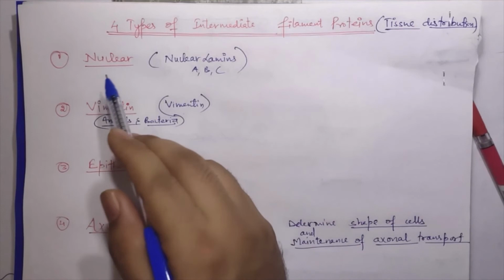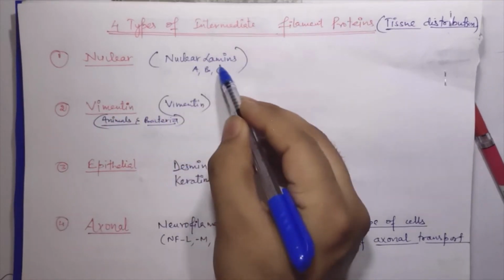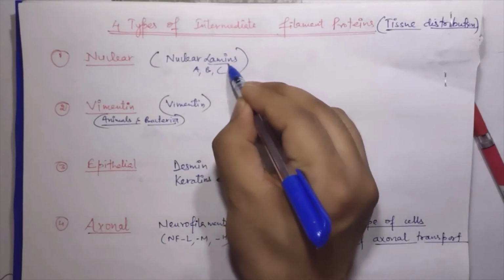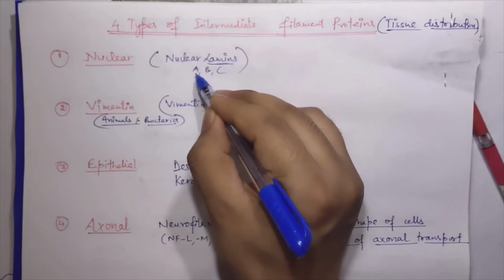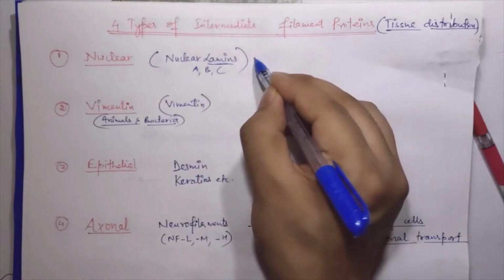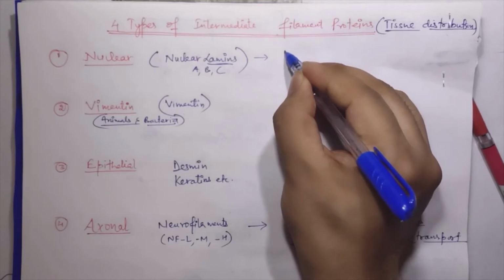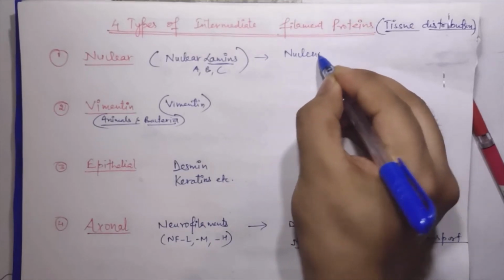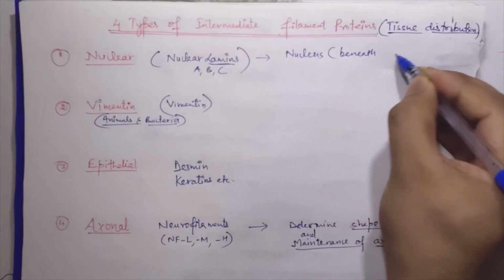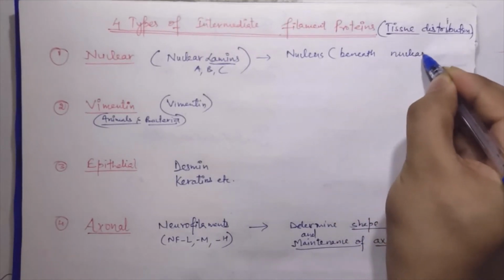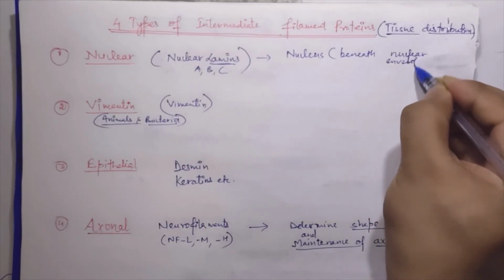The first type is nuclear intermediate filaments. They have the proteins nuclear lamins, which are of type A, B and C. They are found in the nucleus beneath the nuclear envelope.